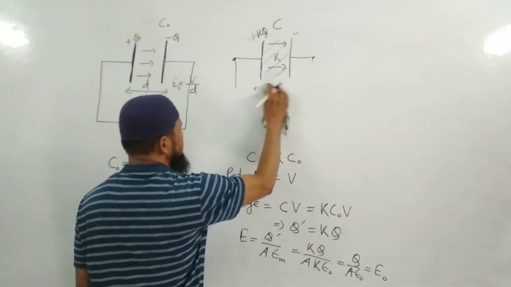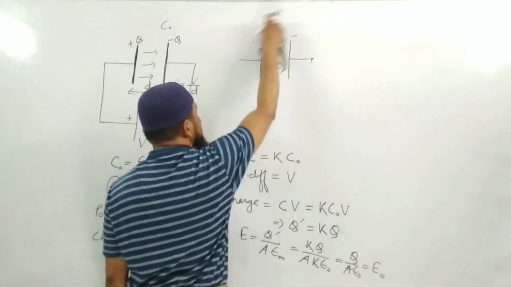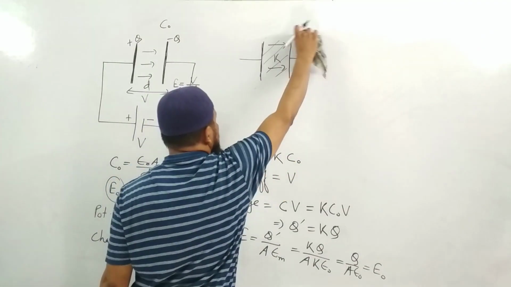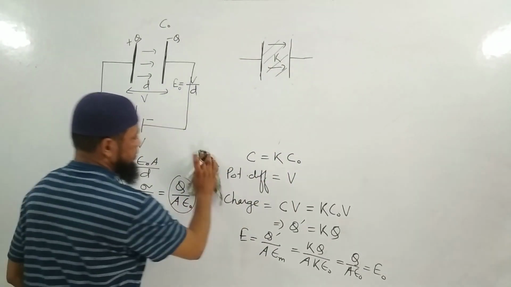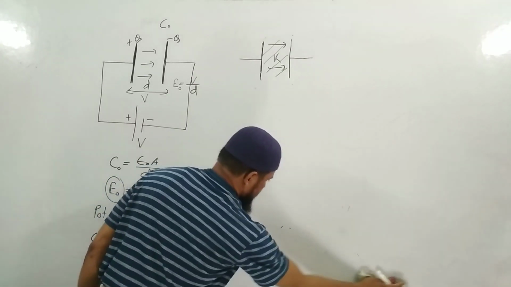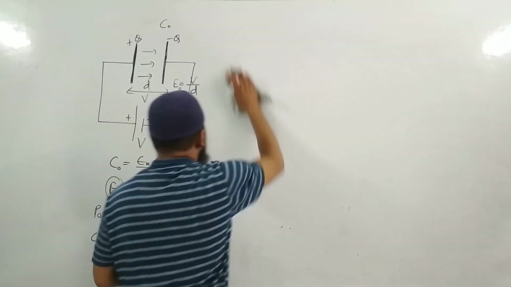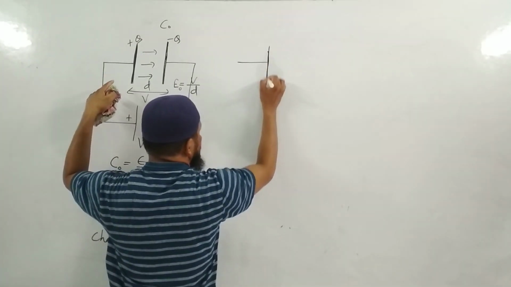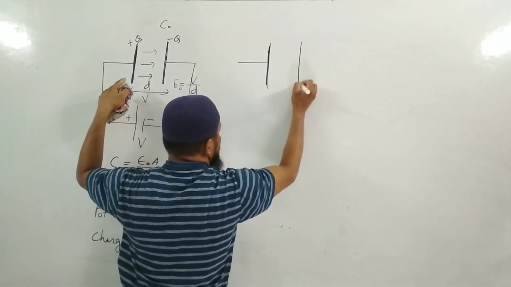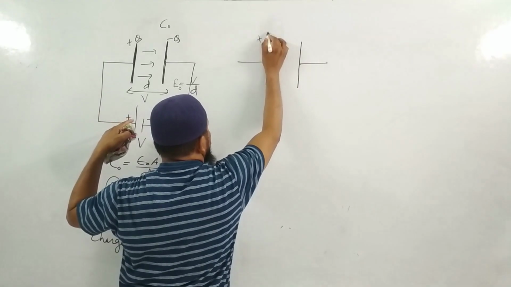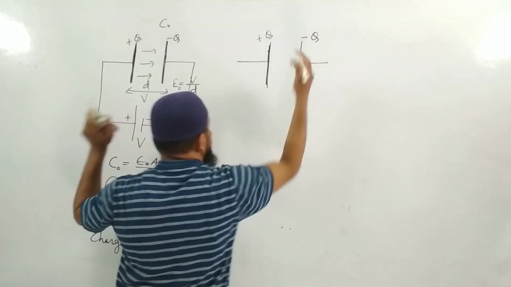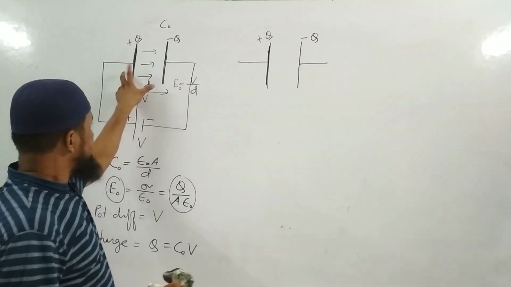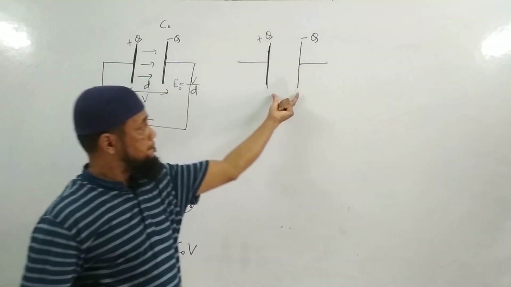Now I have removed the battery. So this is the capacitor, a fully charged capacitor. What is the charge here? Plus Q. What is the charge here? Minus Q. I have charged the capacitor fully.